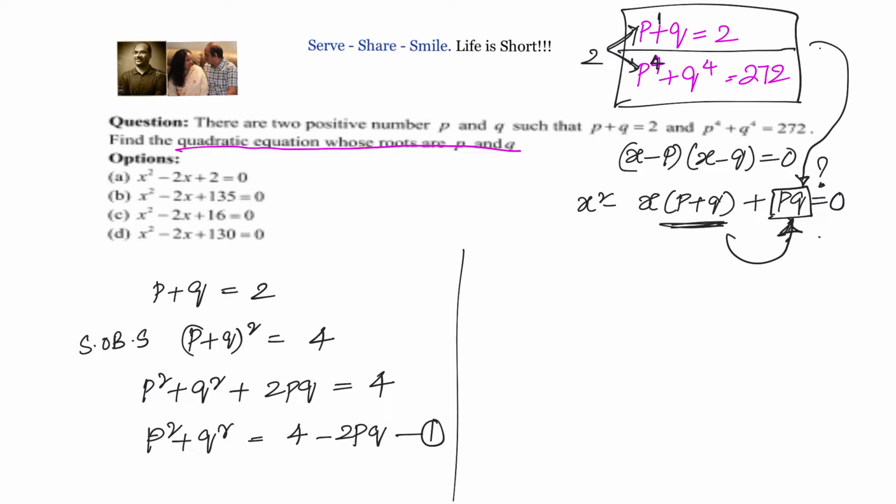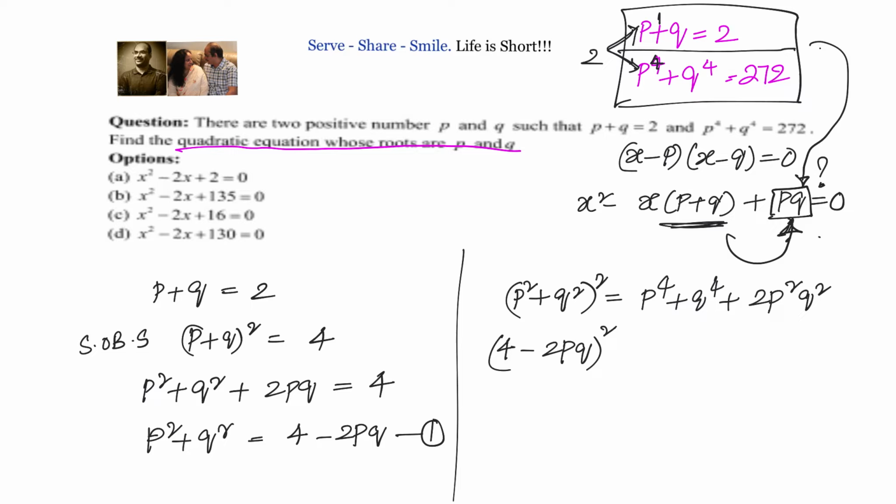Now once we got p square plus q square, let's go ahead and square it on both sides. So we'll have (p square plus q square) whole square equals p power 4 plus q power 4 plus 2p square q square. Now p square plus q square, according to equation 1, is 4 minus 2pq.